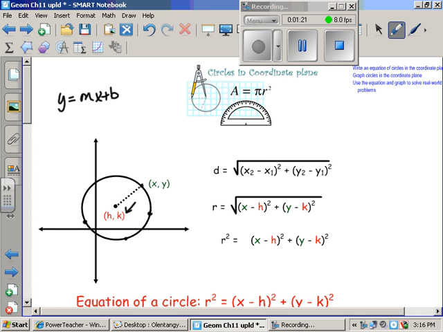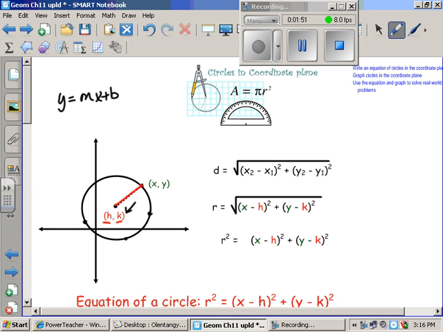All right, so if I want to find the radius of this circle, I'm looking for the distance between the center and a point on the circle. So the distance formula is going to work: x2 minus x1 squared plus y2 minus y1 squared, under a square root. In this case, instead of x1, y1 and x2, y2, we're going to have x and y, but then we're also going to have h and k.